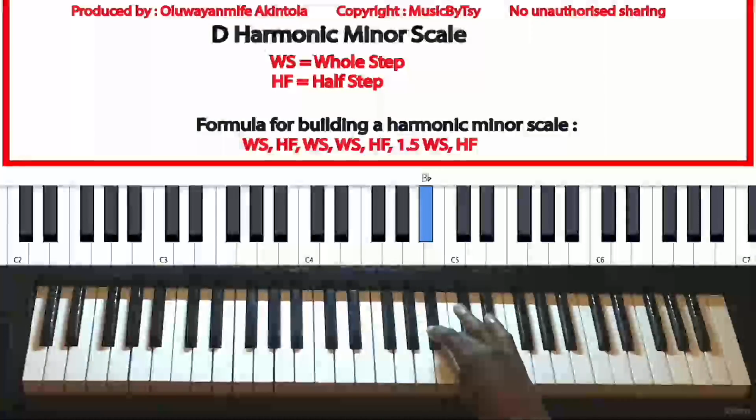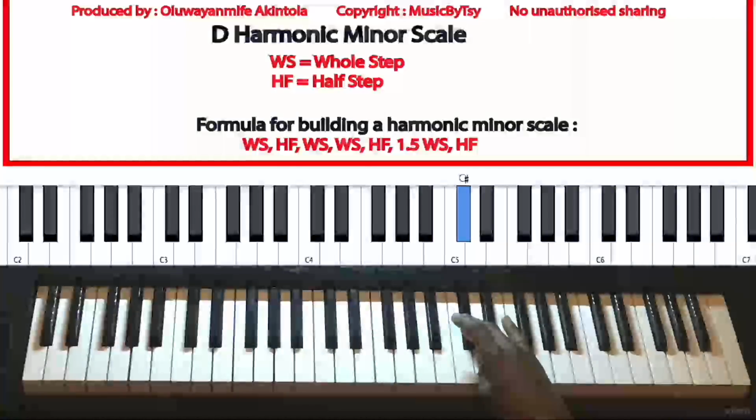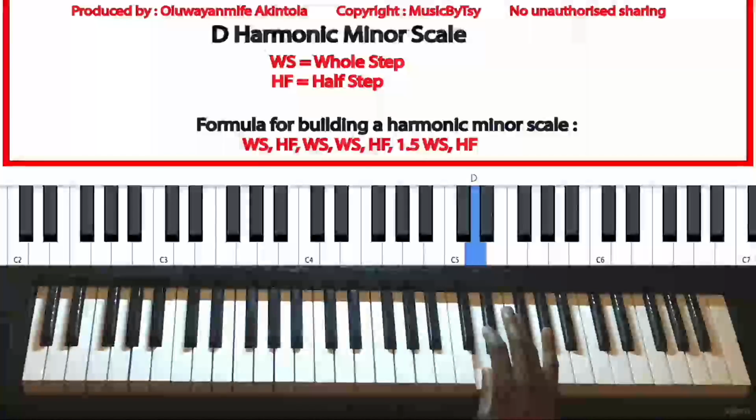But because we want to build the D harmonic minor scale, the seventh note is not going to be the key of C. The seventh note is going to be the key of C sharp. And the last note is going to be the key of D. See that? So yeah, that is the D harmonic minor scale.